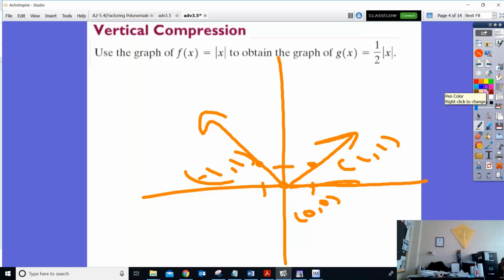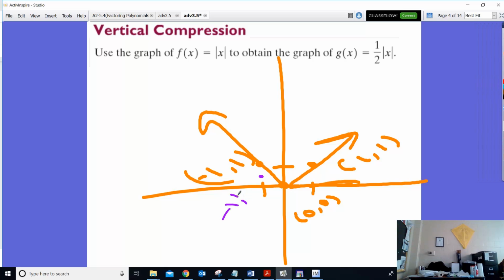What happens to mom's y values because of the one half? They get what? Cut in half. Okay. So this would actually be 1, one half. 0, 0.